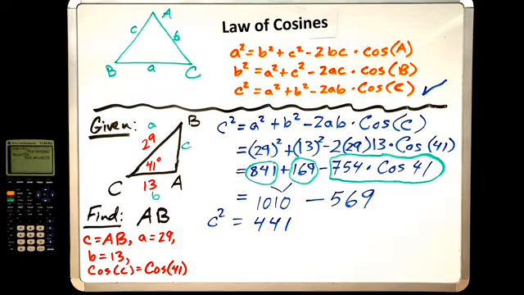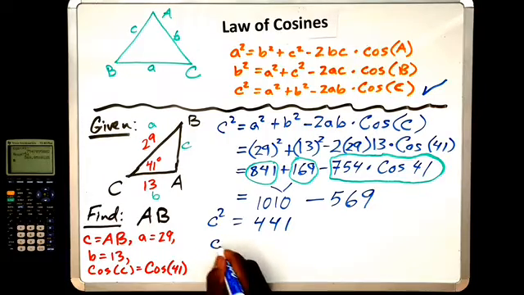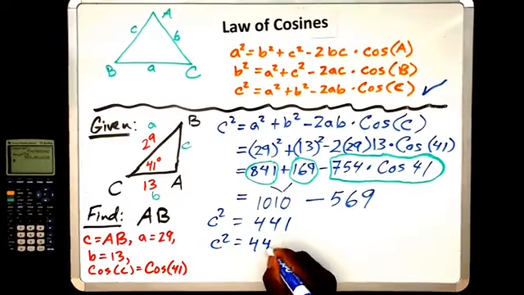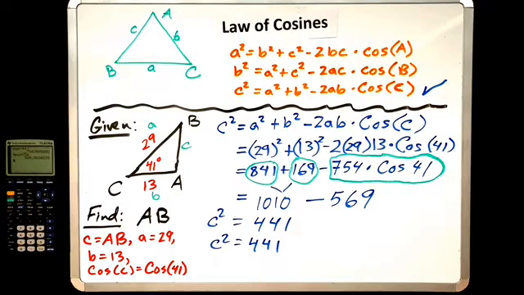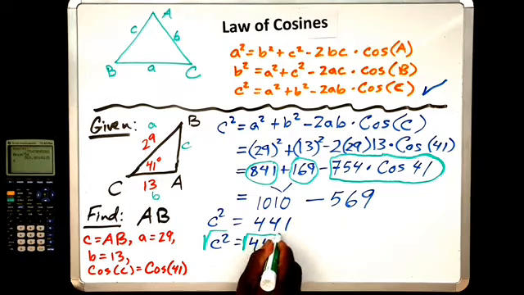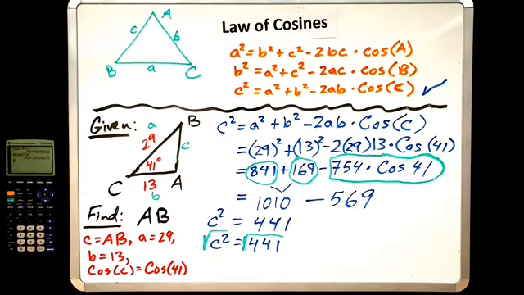All right. So I'm going to rewrite this again because we want to undo c squared. And to do that, we have to take the square root of both sides. So I'm going to write this again. C squared equals 441. We're going to take the square root of both sides of this equation, just like when you're solving a Pythagorean theorem problem.